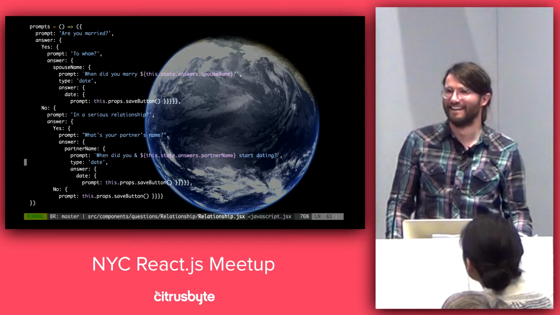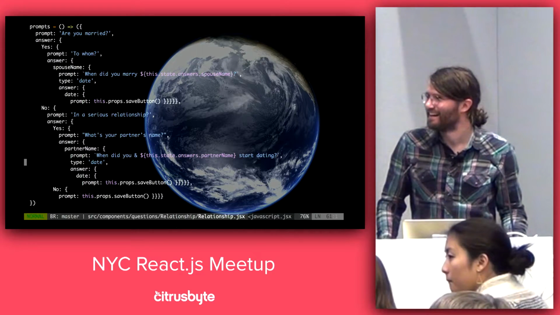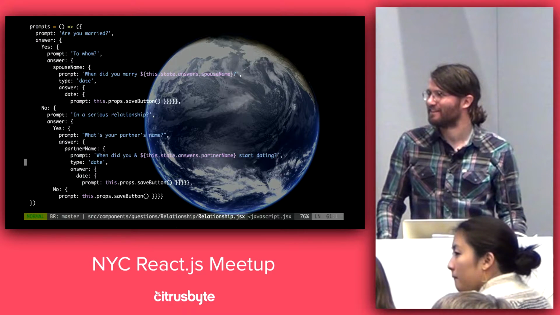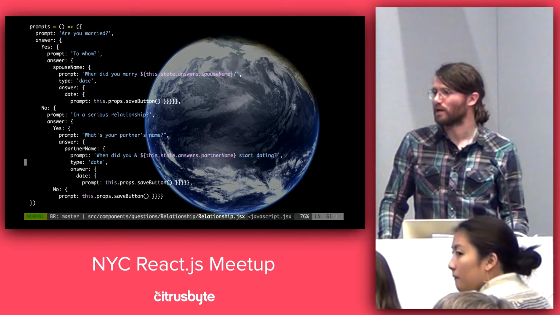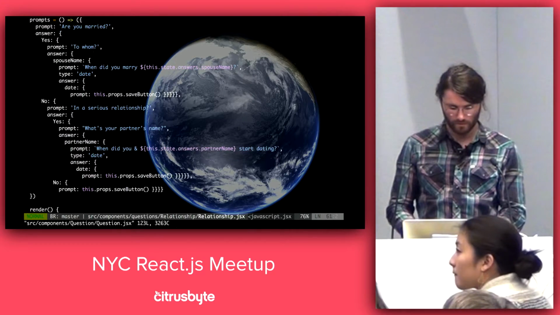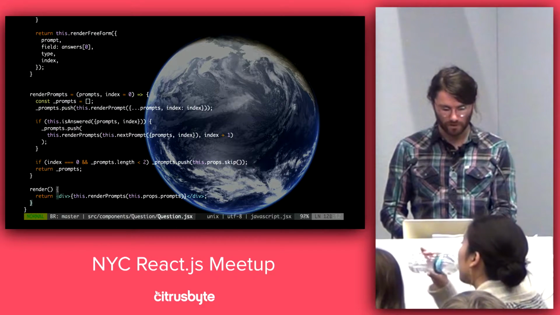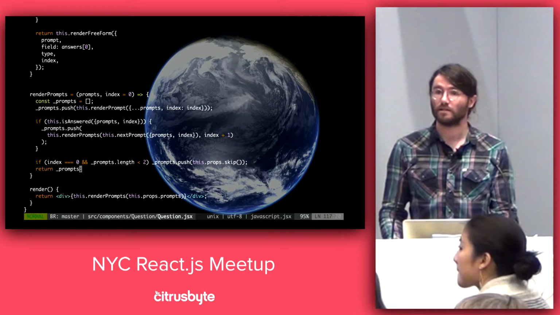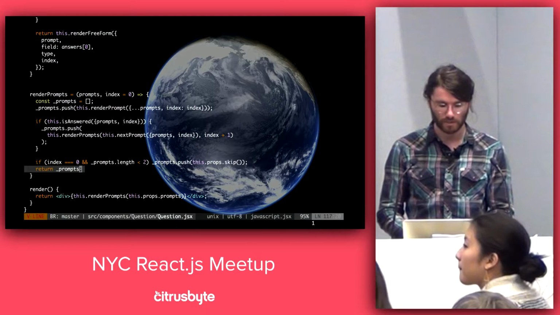I don't know. Yes. I think part of the answer is that React render will accept an array of JSX elements, but not a JSON object. You can't pass it a circular JSON object. So in that render function, I'm doing render prompts. Render prompts is returning an array, not an object. We're not returning some kind of JSON object here inside render prompts.